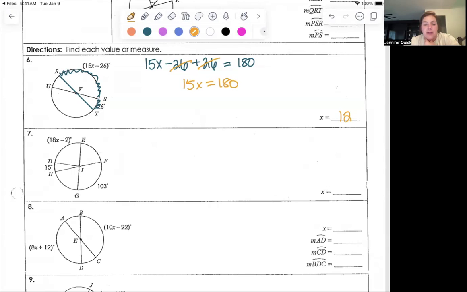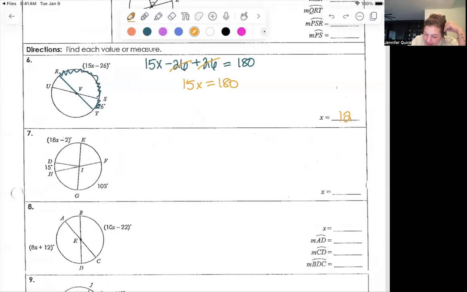Okay. Let's do something a little crazier. All right, because I don't feel like that one was that crazy. Oh yeah, number 7. Okay. So I only see this pair of vertical angles, if I'm being honest. I would say that 103 and then this 15 plus the 18x minus 2 would be equal, but if you don't see that, then don't stress about it.